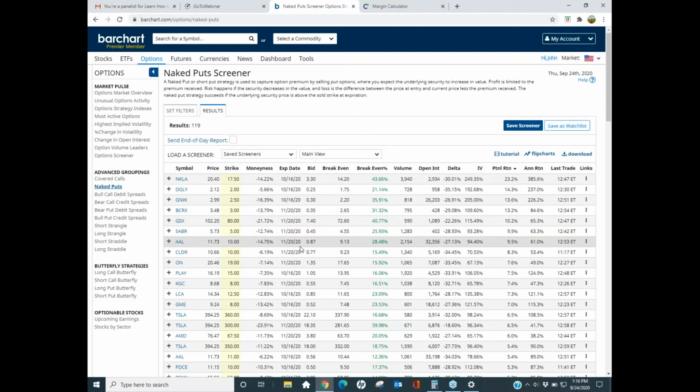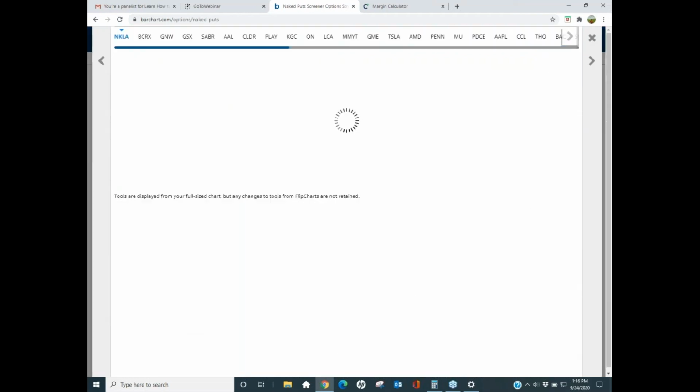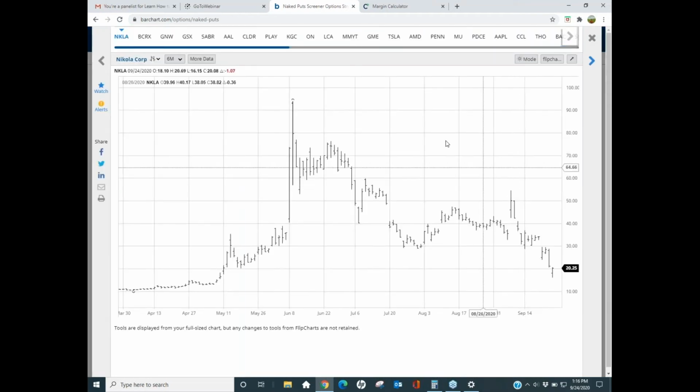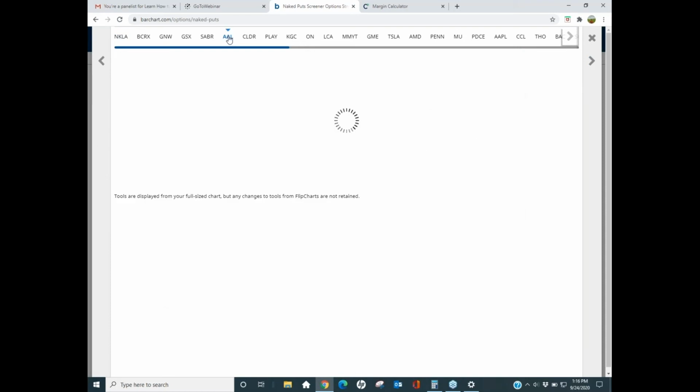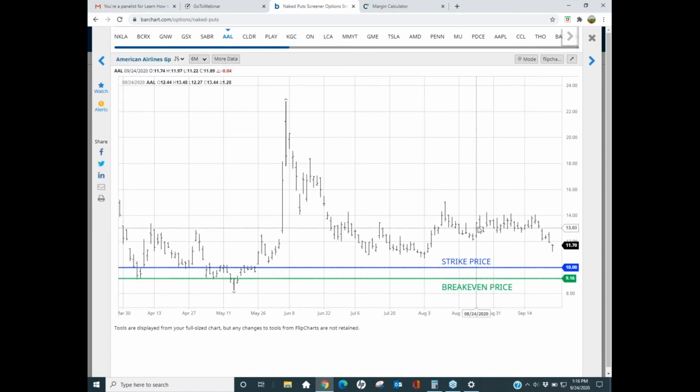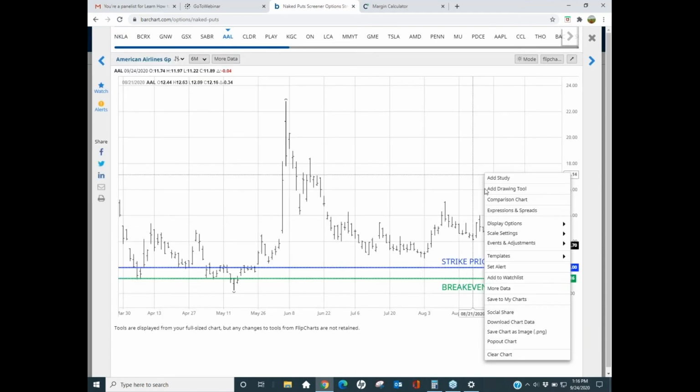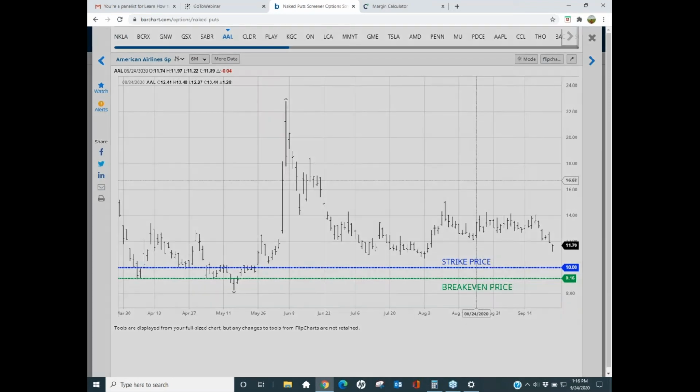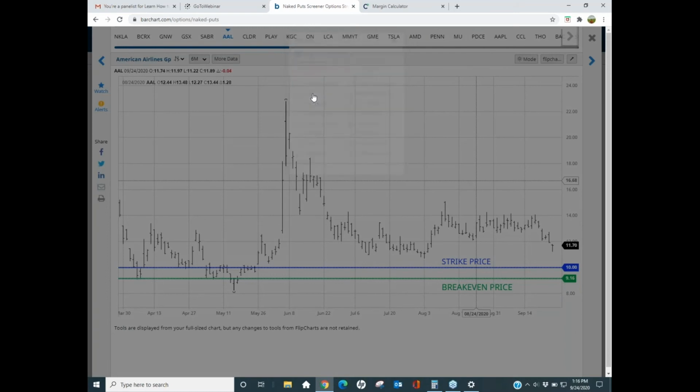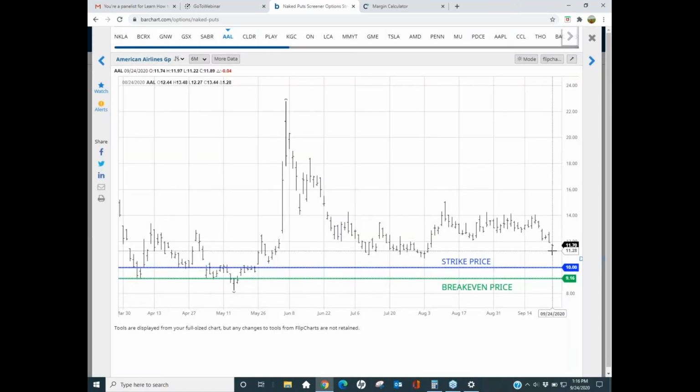So all I want to say is, during the next 60 days, do I believe that American Airlines will stay above $9.13? One of the things I can do to get an idea of that is look at where price has been for the last 60 days or so. And here's our current price.